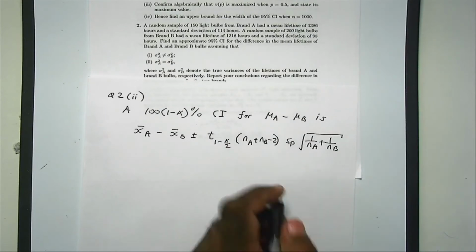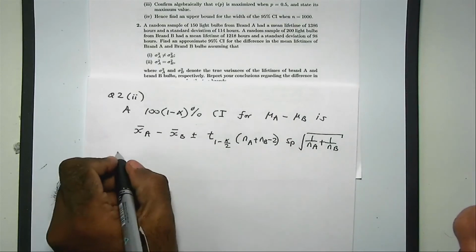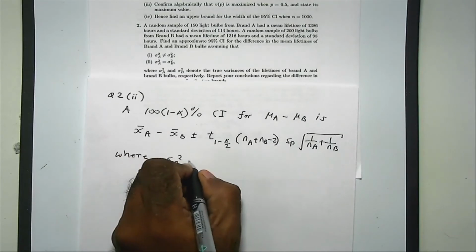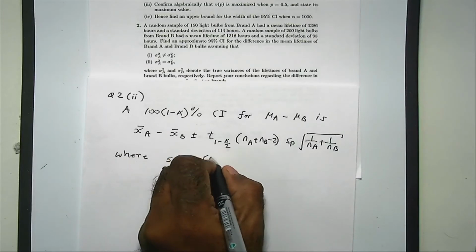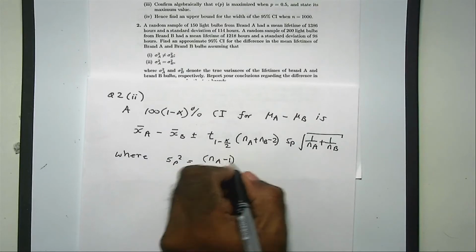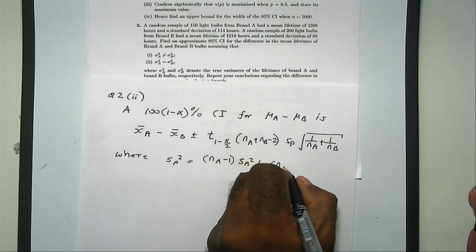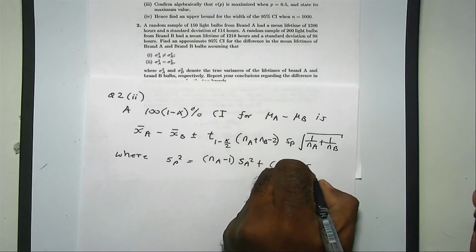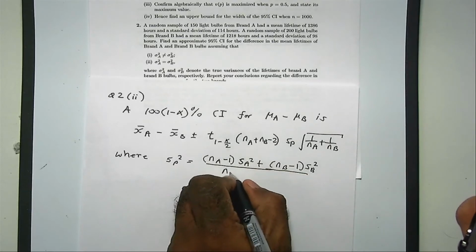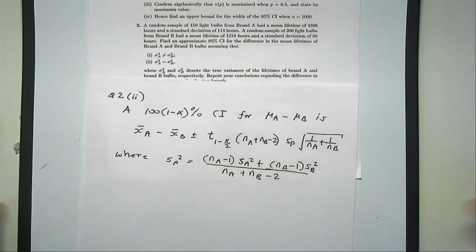Now, here SP denotes the pooled sample standard deviation, where SP squared, known as the pooled sample variance, is defined by, right. So this is the formula that I gave you.